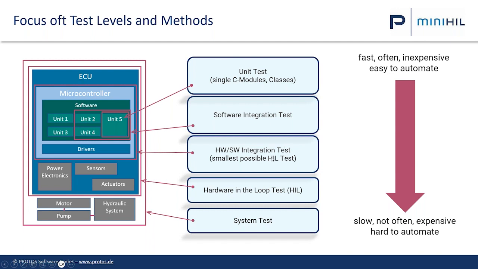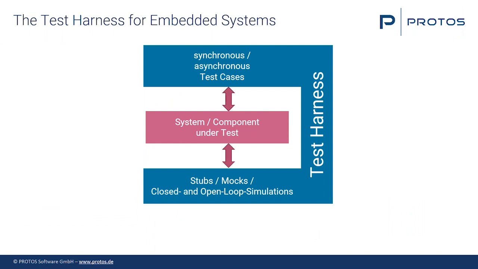And now let's have a look at what do you need for those test levels and how can models help to do this. So for every component under test or system under test, whatever it is, a C class or even a complete system or something in the middle, you always need test cases and you need interfaces to be satisfied.